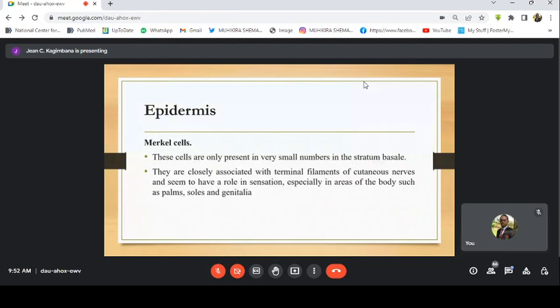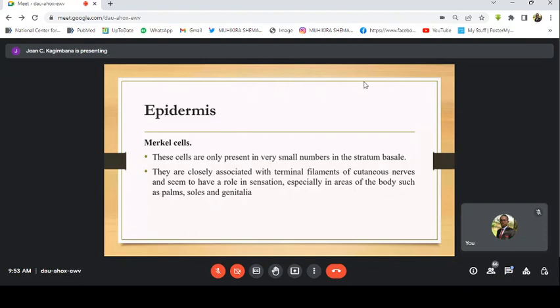Merkel cells, again, are only present in a very small number in the stratum basale. They are closely associated with terminal filaments of cutaneous nerves and seem to have a role in sensation, especially in areas of the body such as the palm, sole, and genitalia. In these areas, we have Merkel cells in big quantities compared to the rest of the integument.